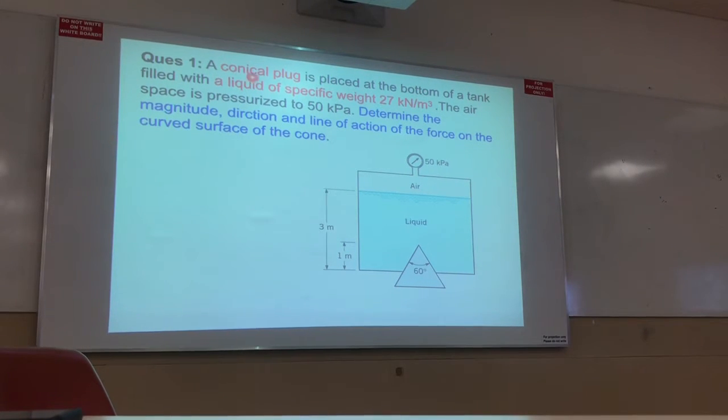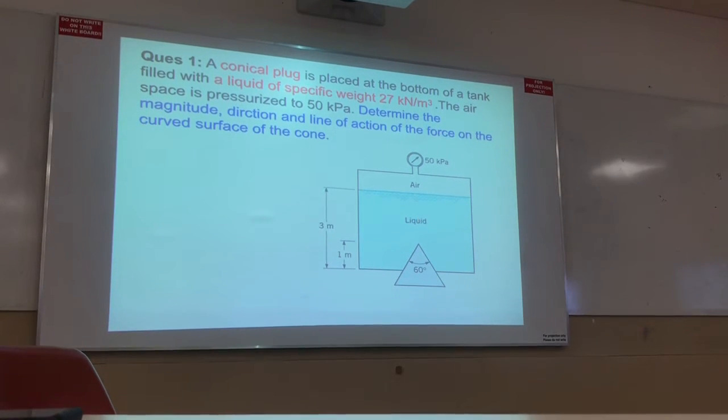Question: a conical plug is placed at the bottom of the tank, filled with liquid which has a specific weight of 27 kilonewton per meter cube.